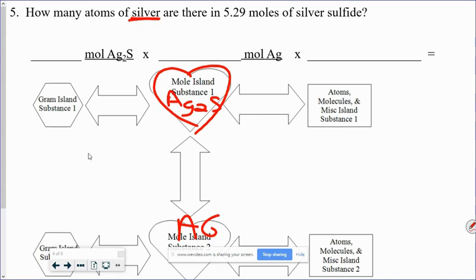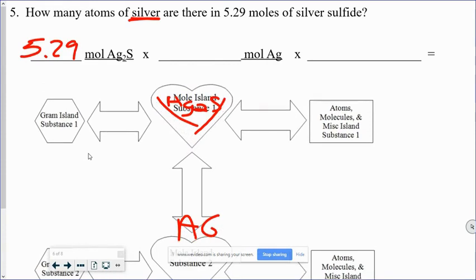So if we look at this problem, it says we start with 5.29 moles of silver sulfide. I'm going to erase this a little bit, lower it a little bit. So whatever label I have right here up on top, I have to put on the bottom of the next step.